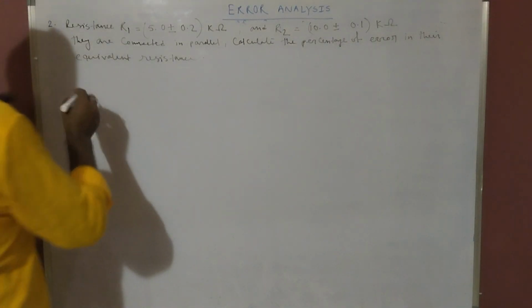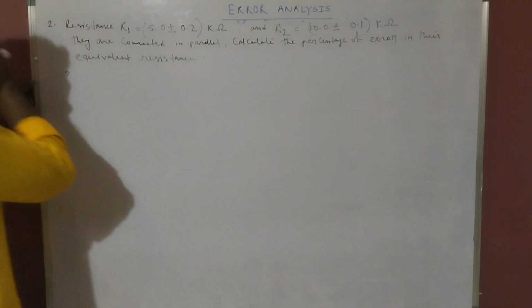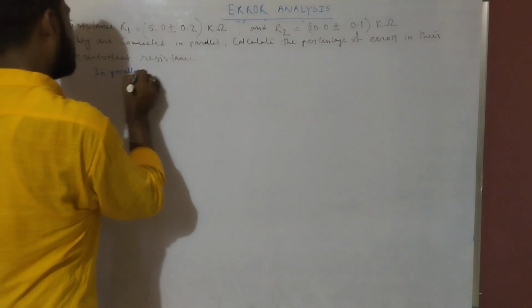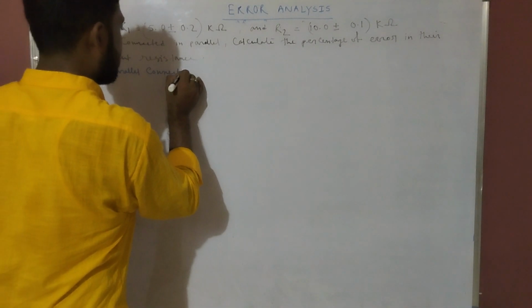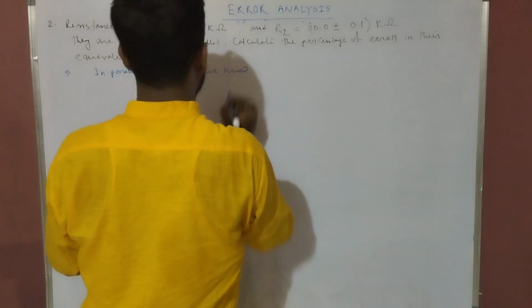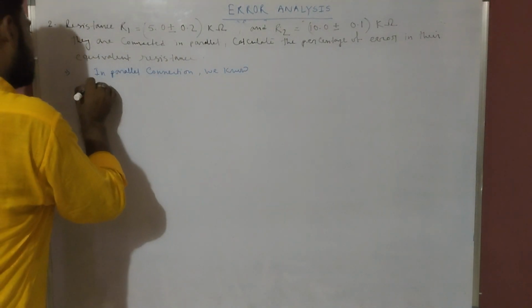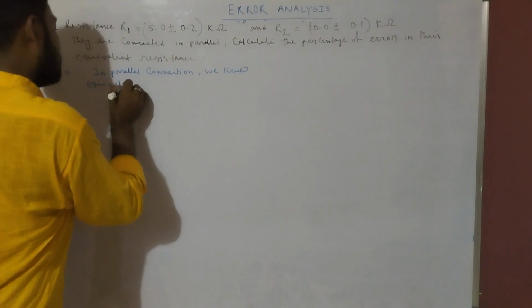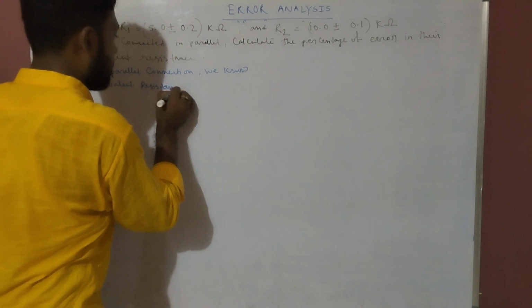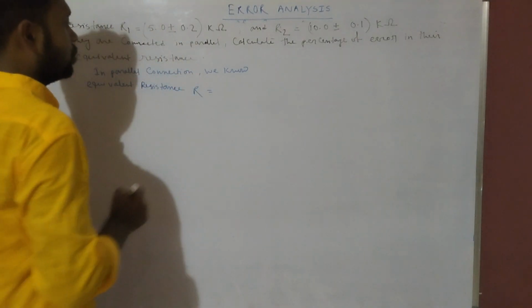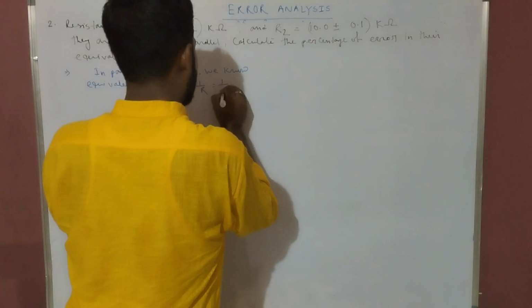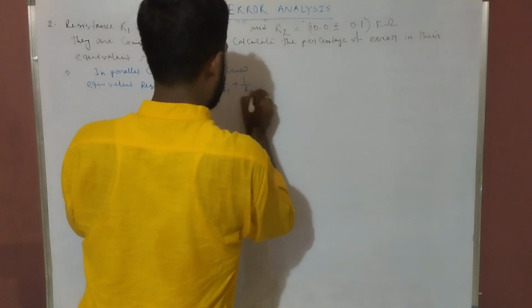Let's see. In parallel connection, we know the equivalent resistance R is given by 1 by R is equal to 1 by R1 plus 1 by R2.